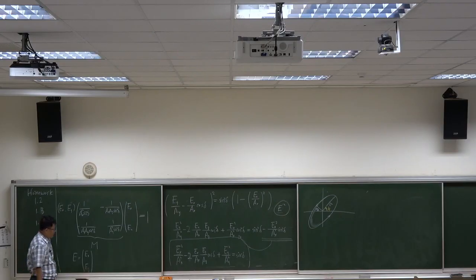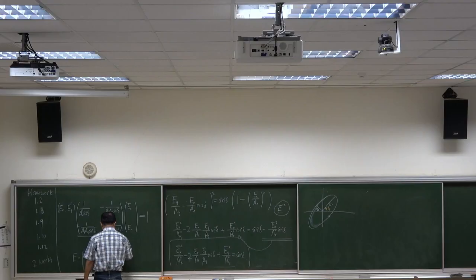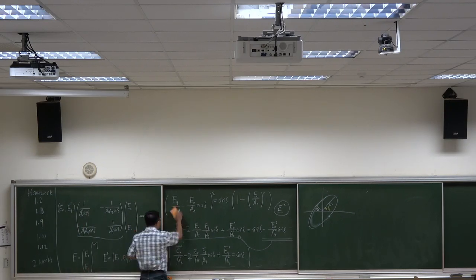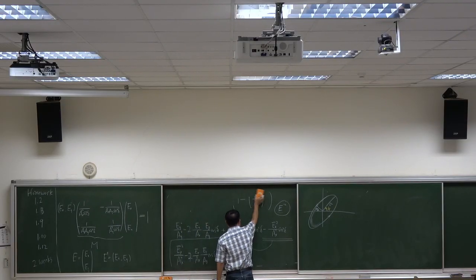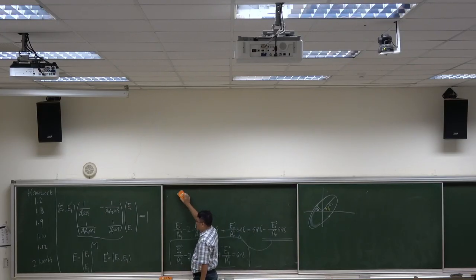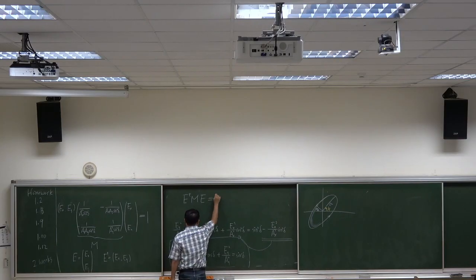Okay, and we know that E transpose is (Ex, Ey) as a row. So this equation can be written as E transpose M E equal to 1.